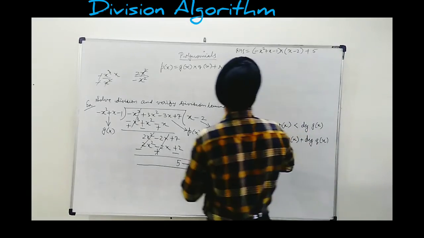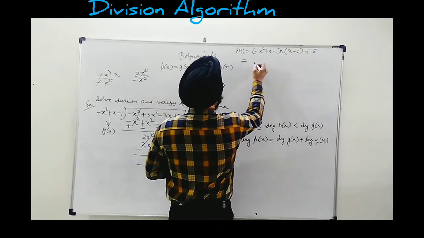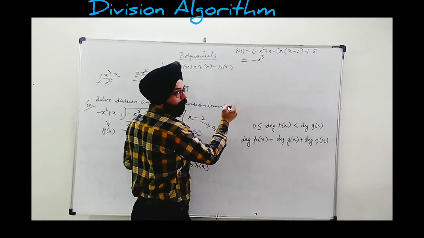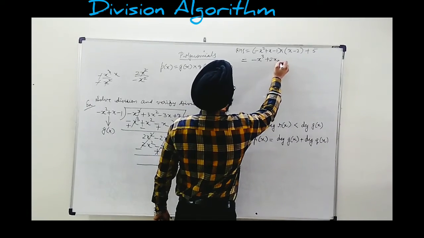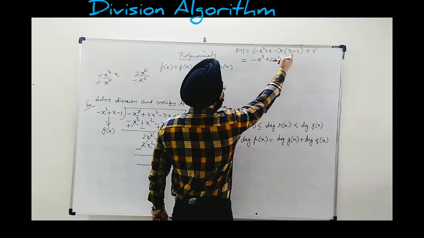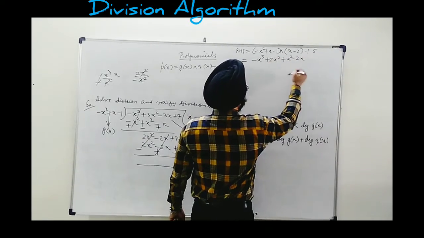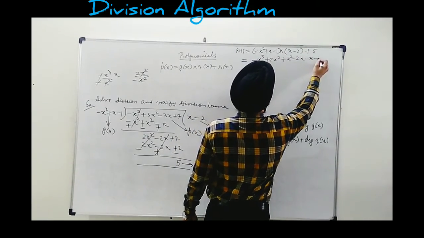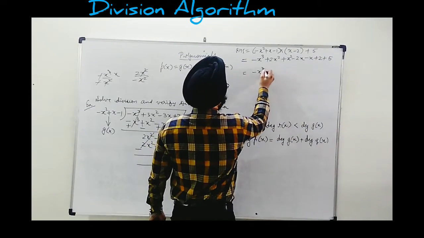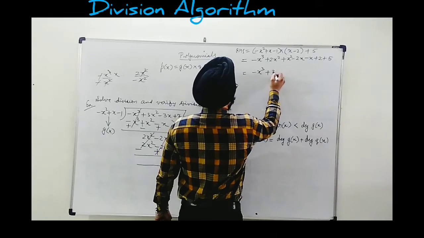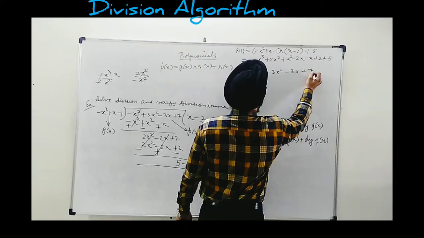Minus x square multiplied into this bracket is minus x cube. Then minus x square into minus 2 becomes plus 2x square. Then the term of x multiplied becomes x square minus 2x. Then minus 1 into minus x plus 2, and plus 5. Solving like terms: minus x cube, 3x square, minus 2x and minus x is minus 3x, plus 7.